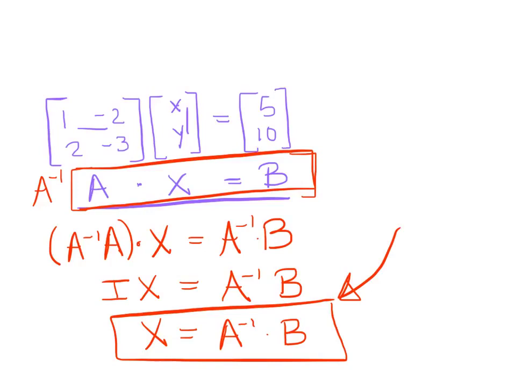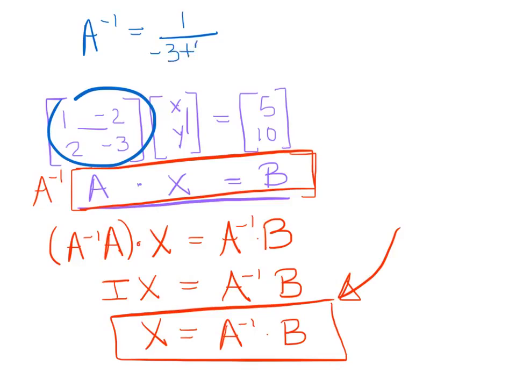So let's go ahead and find A inverse. I knew A was the 1, negative 2, 2, negative 3 right here. That's A. So A inverse will simply be 1 over the AD, which is negative 3, minus BC, which is negative 4, times the matrix.